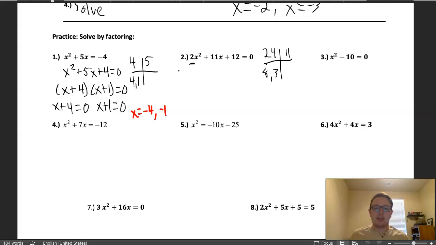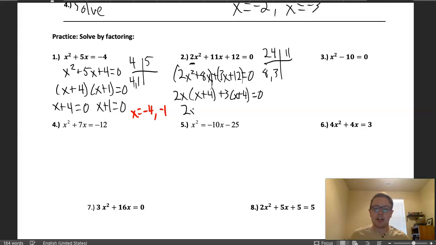So now we're going to set this up. We'll get 2x squared plus 8x plus 3x plus 12 is equal to 0. Factor this out. We'll get 2x times x plus 4, plus 3 times x plus 4 is equal to 0.